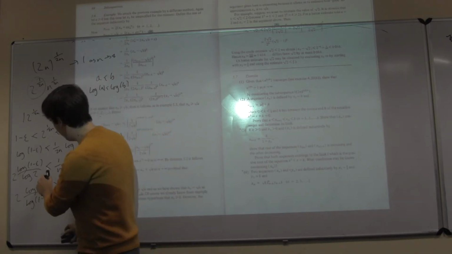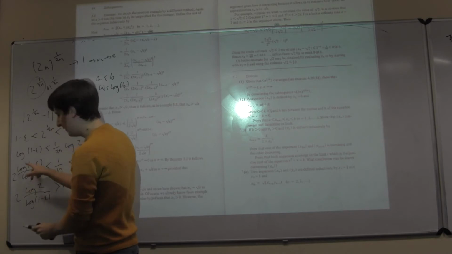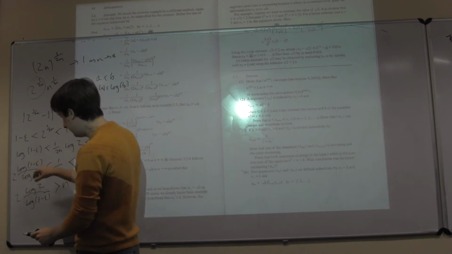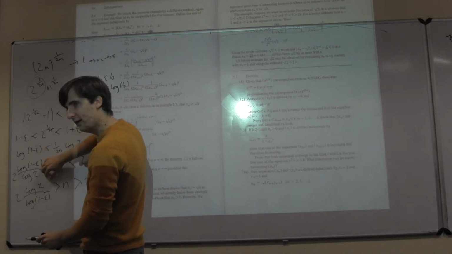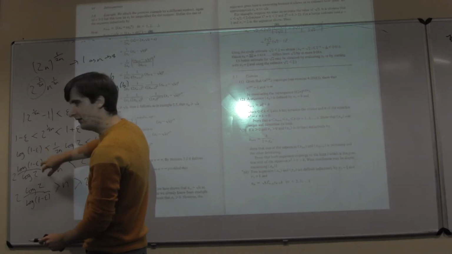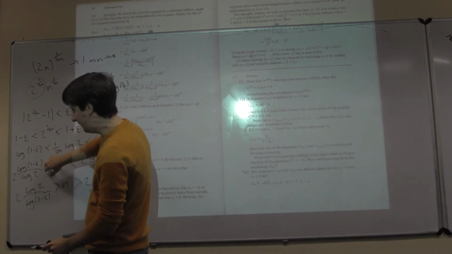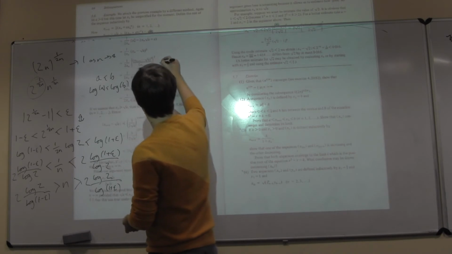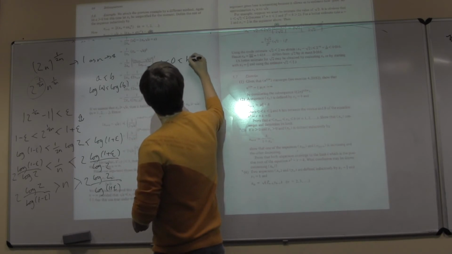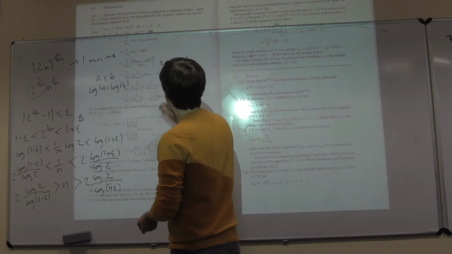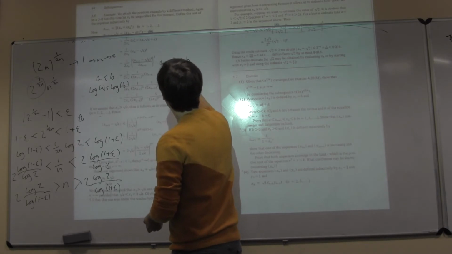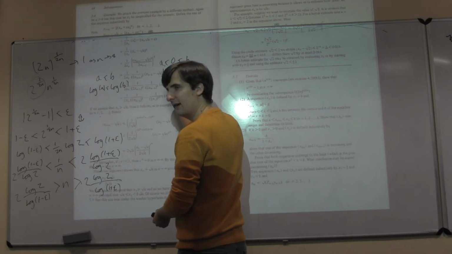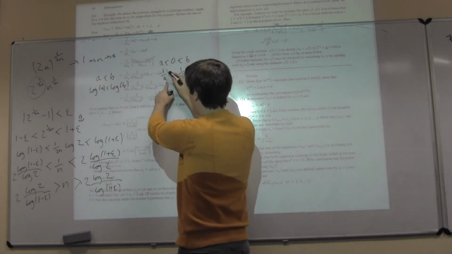The problem was that this is negative. Log of 1 minus epsilon has to be less than 0, because epsilon is positive, so this thing is negative. If this is negative, then if a is less than 0 is less than b, it's not the case that 1 over a is greater than 1 over b, because a is negative.